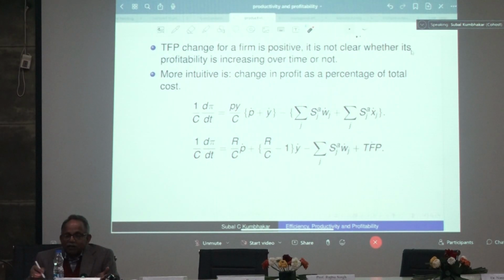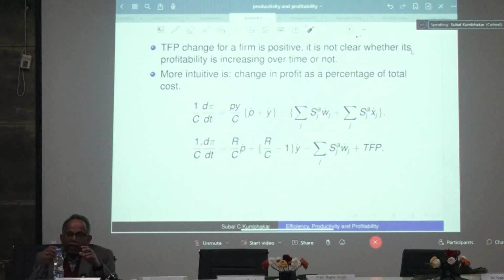Instead of going through this route, you can simply write this as the ratio of revenue over cost, and again, you can just see that it is affected by two things: what is happening to the prices as well as what is happening to productivity, right? So if you have only one X, it's very easy to explain it to anybody, even undergraduate people, in terms of what is happening to profit.